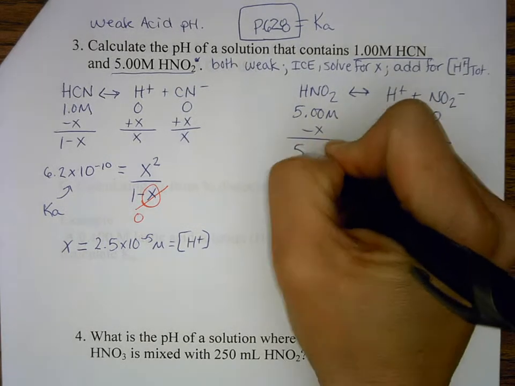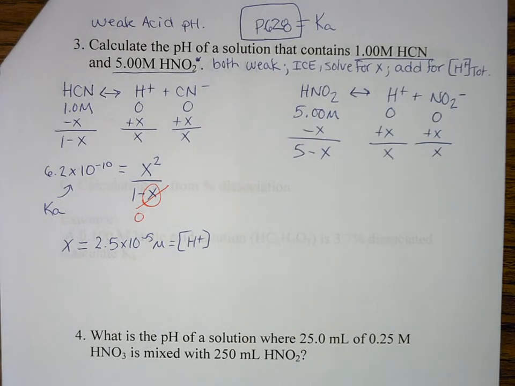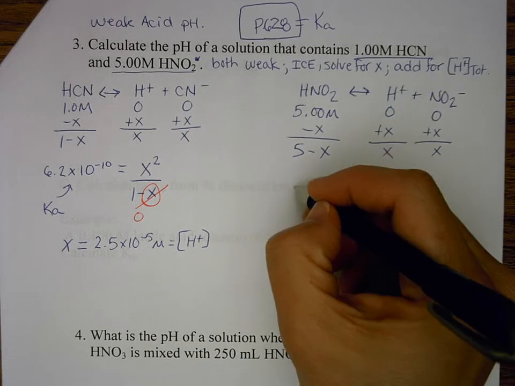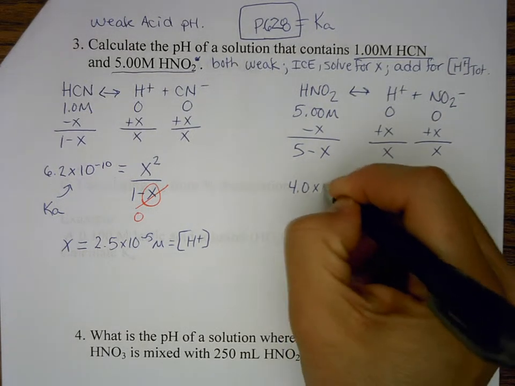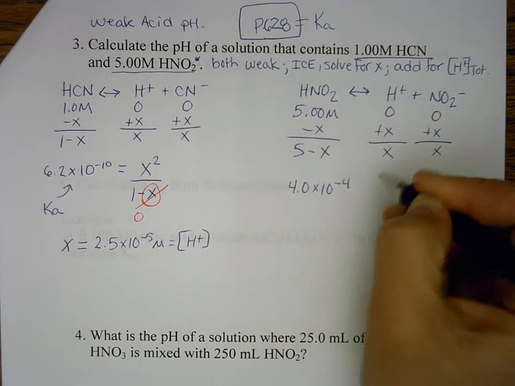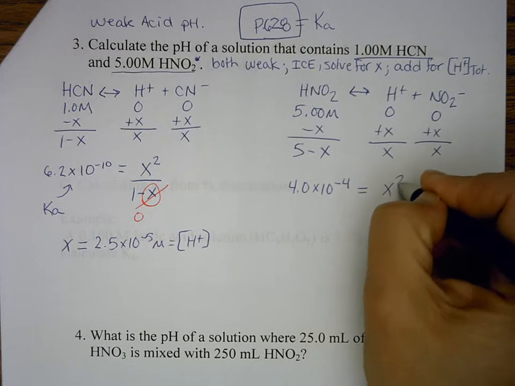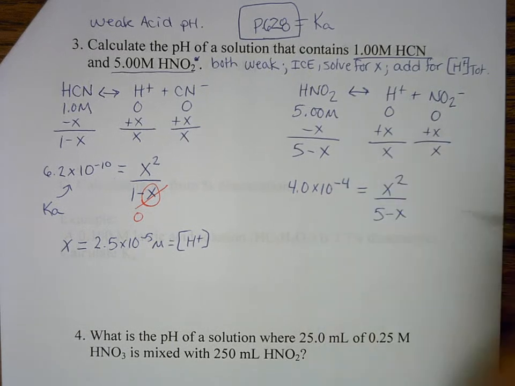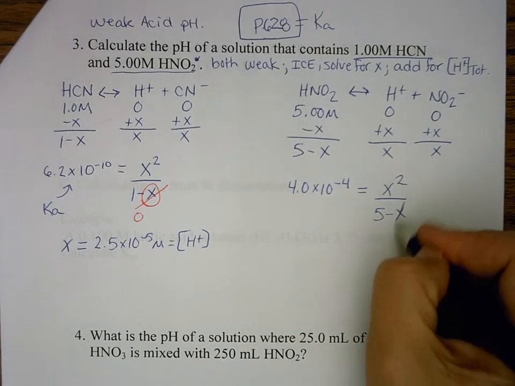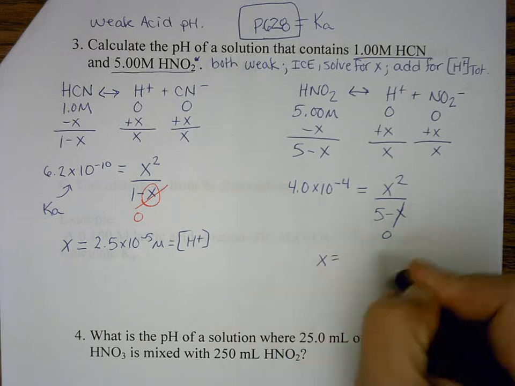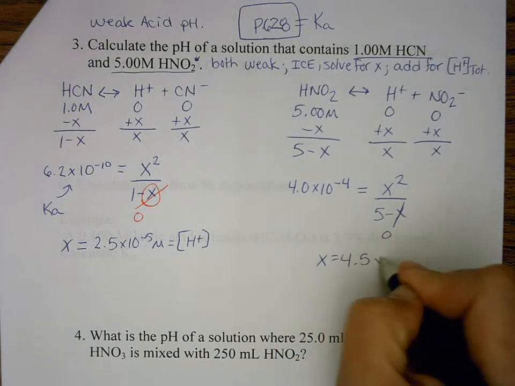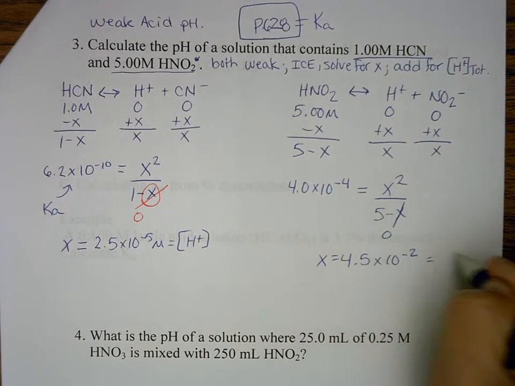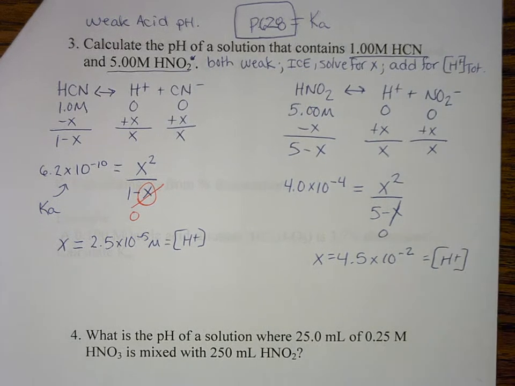Minus X, 5 minus X. Look up the Ka value for nitrous acid, which is 4.0 times 10 to the negative 4. That equals X squared over 5 minus X. That goes away. X is equal to 4.5 times 10 to the negative 2. That's the hydrogen ion concentration.